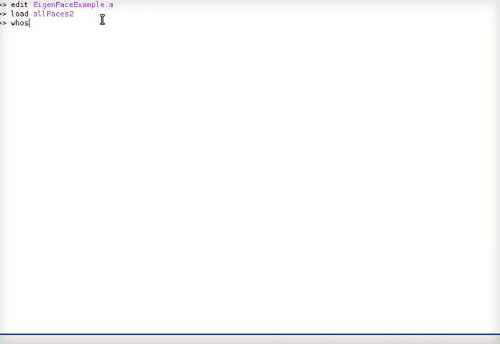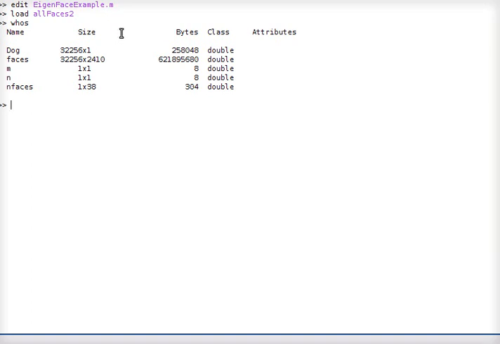I like to type in whos. I'm actually using Matlab itself and not Octave, but the commands still work in Octave. So you see here we've got 2,410 faces or photos. Each photo is a vector that's 32,256.